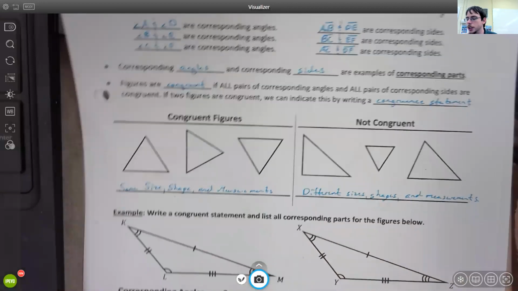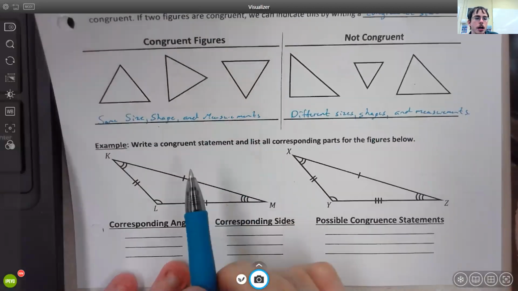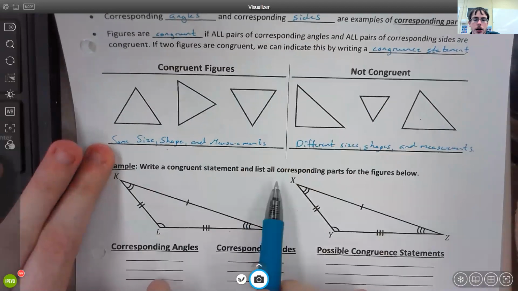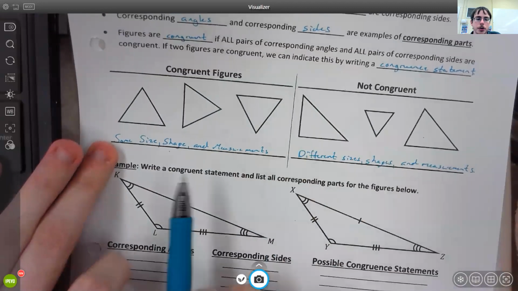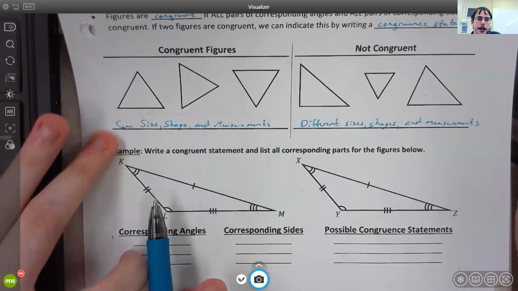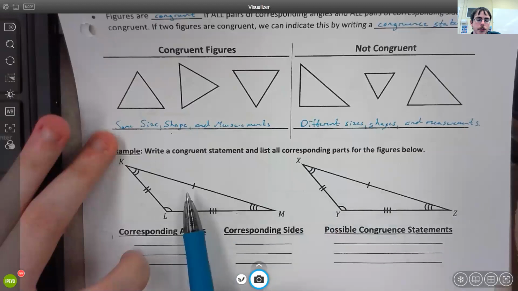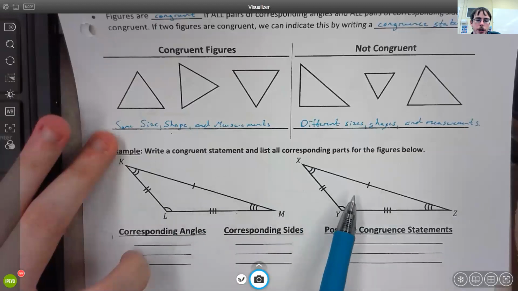So let's jump into an example here. We want to write a congruent statement and list all corresponding parts for the figures below. Now, if you'll notice here on these diagrams, we have a bunch of markings. We see some markings on the sides. We see that there's different numbers of them, and we also see that for the angles.